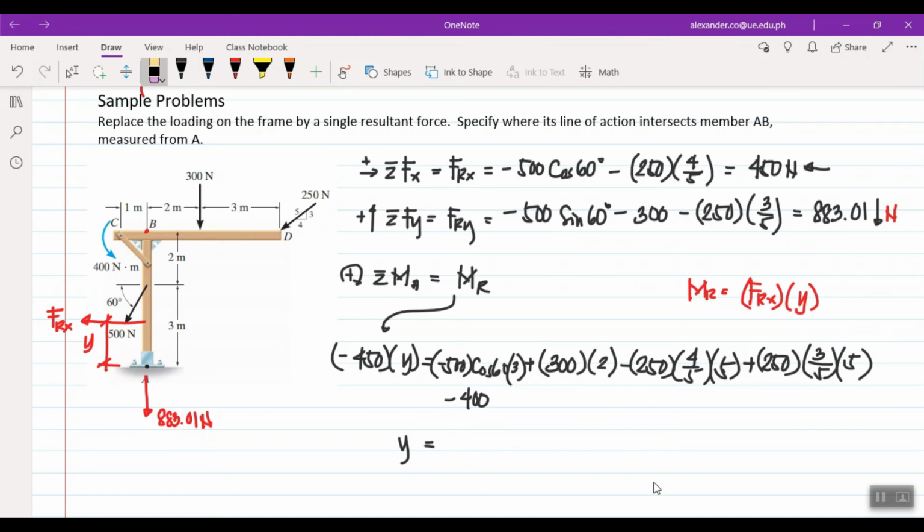And the answer is 16 over 9 or 1 point, sorry, 1.78, and the unit is in meter. So this is y is 1.78. Okay? So ano yung final answer? Ito, y.